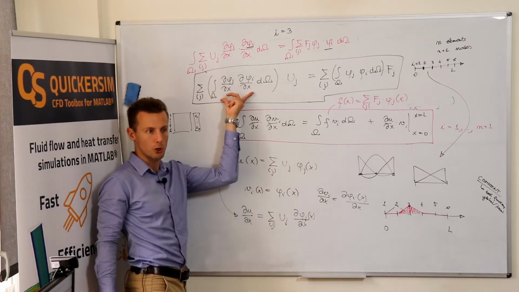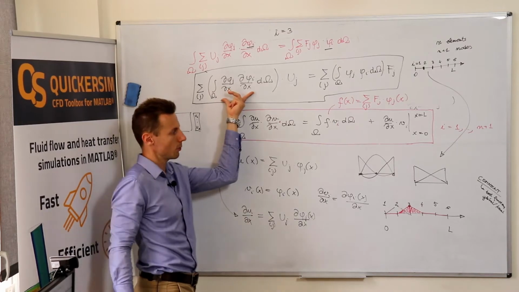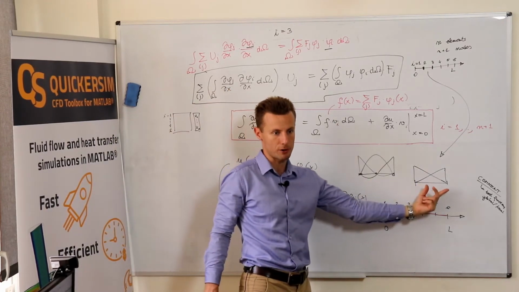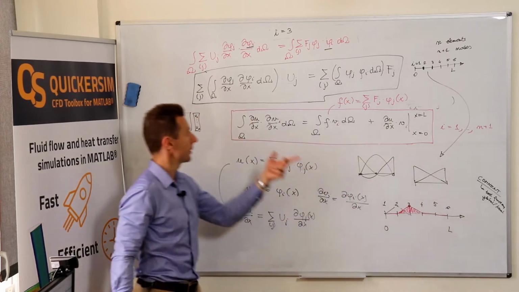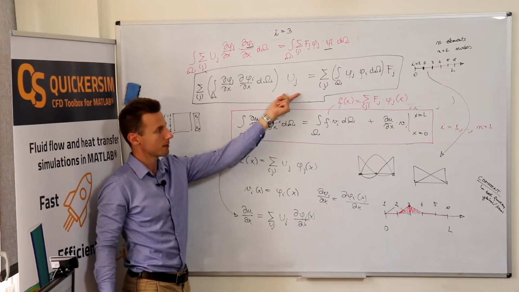So it's something that you can calculate. Once you've chosen what your shape functions or test functions will be, you can simply calculate this value. Uj is the unknown.